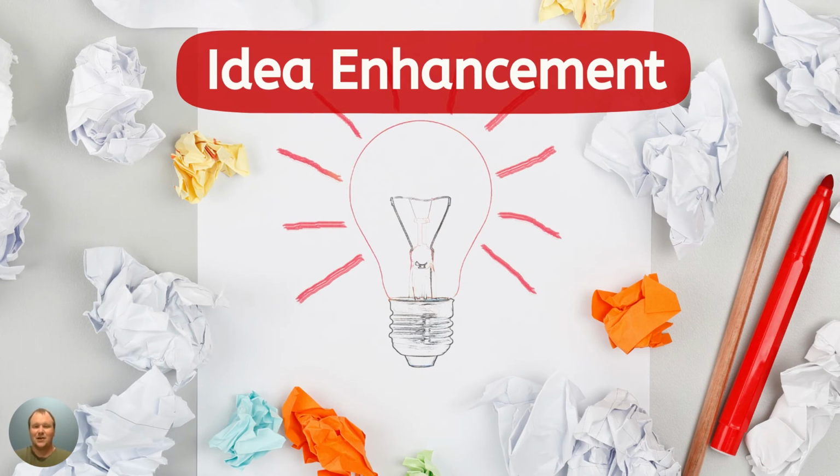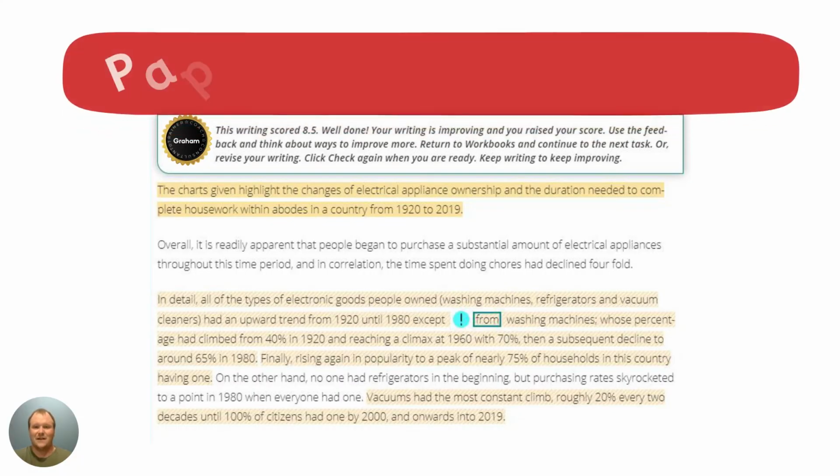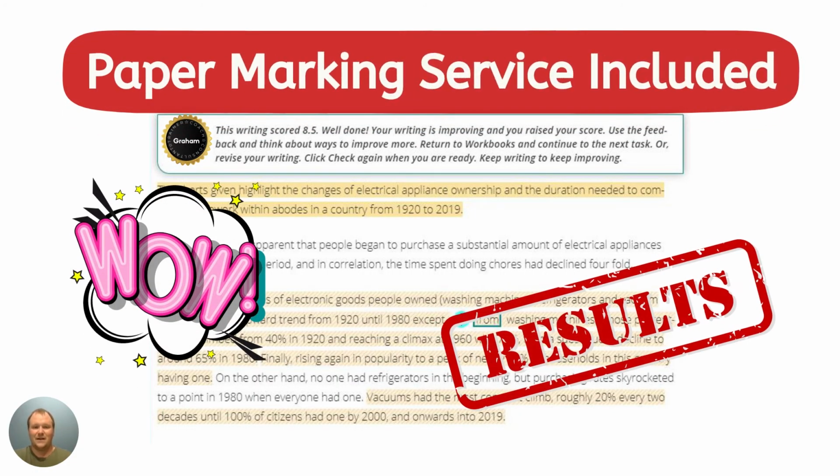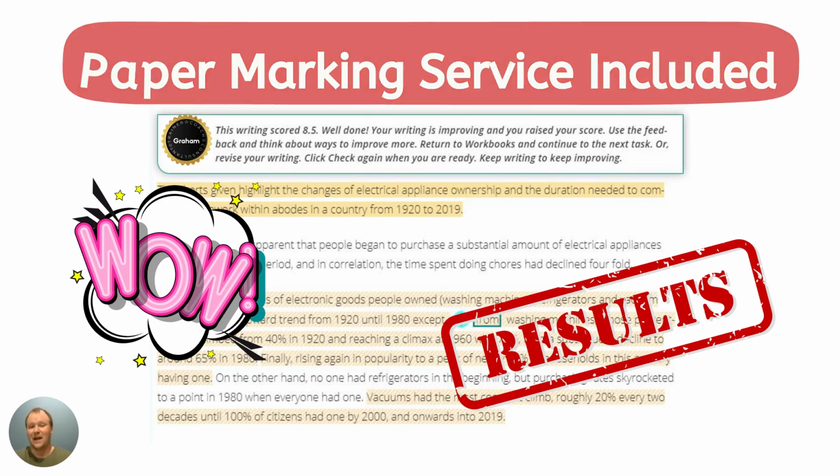And because of that, you are going to write something different than myself. And I understand that. So because of that, I have created a very unique service, and I use AI grading software to check your answers, check your vocabulary and grammar, and then I can go through all of it in detail with you so that you understand where an examiner might find some errors and why you are getting the score that you're getting.